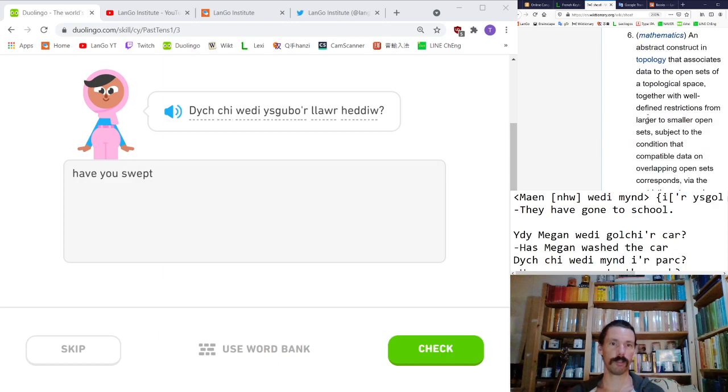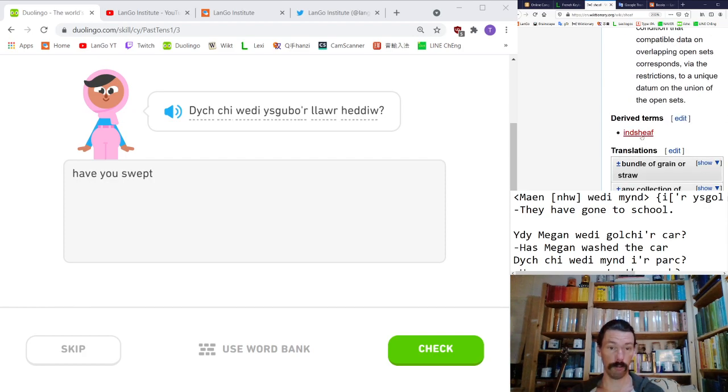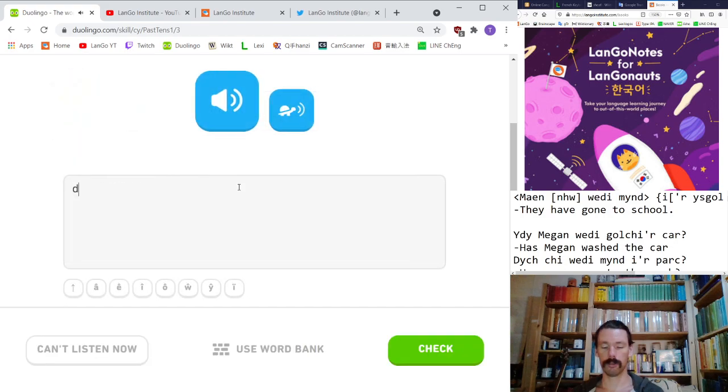Sheaf, in mathematics, an abstract construct in topology. Fascinating. Ysgubo, have swept. Llawr is definite, the floor. Heddiw, today.